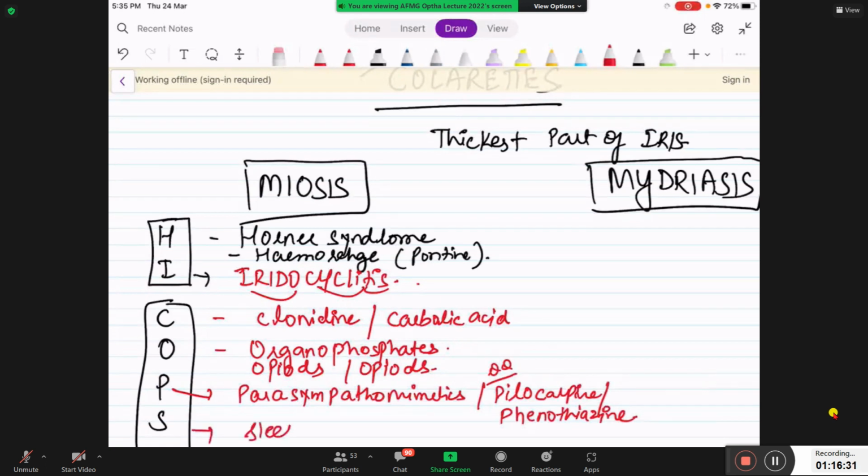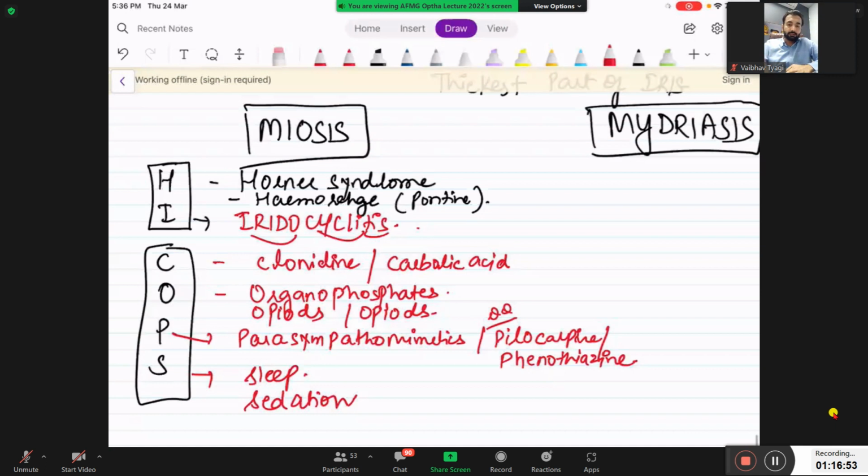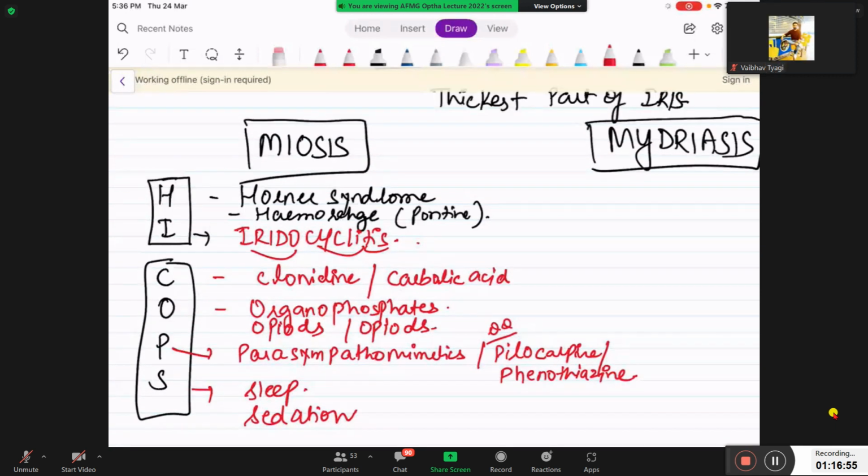Now, S stands for sleep and sedation. So these are all the differential diagnoses you have to remember for meiosis, and the mnemonic is high COPS. Now coming to mydriasis.